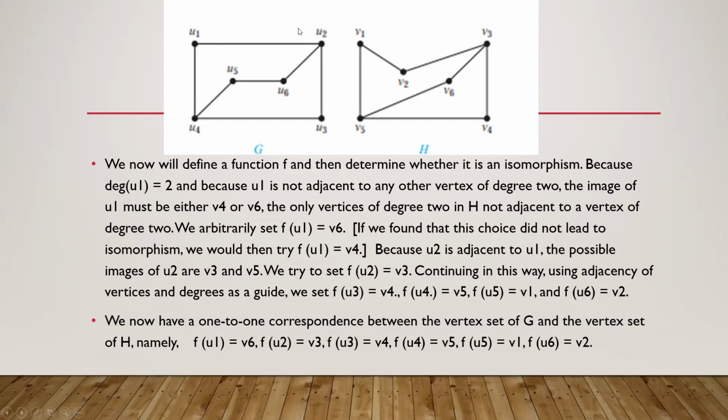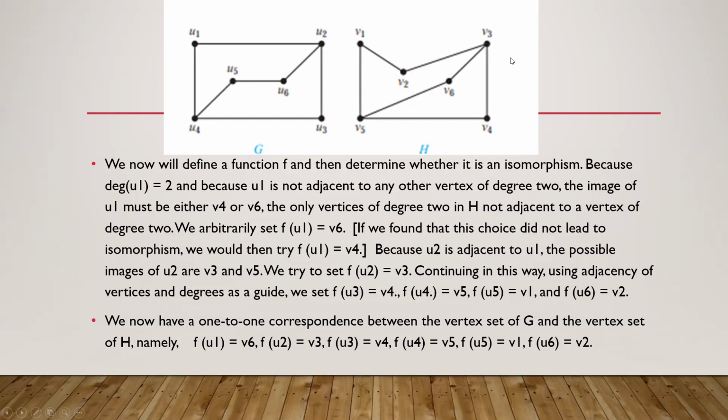Because u2 is adjacent to u1, the possible images of u2 are v3 and v5. We try to set f(u2) = v3.